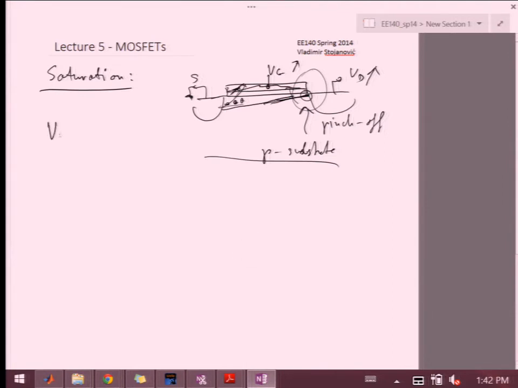Okay, so VG minus VD, right? So in other words, if VGD is equal to V threshold, then this is pinch off, or onset of saturation.